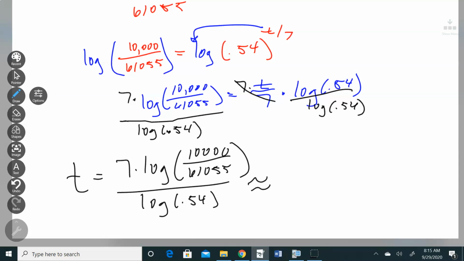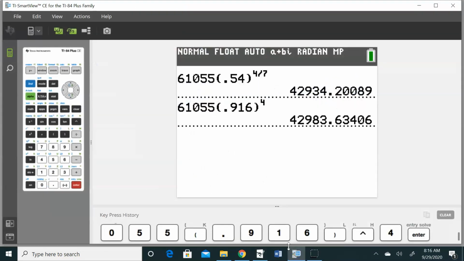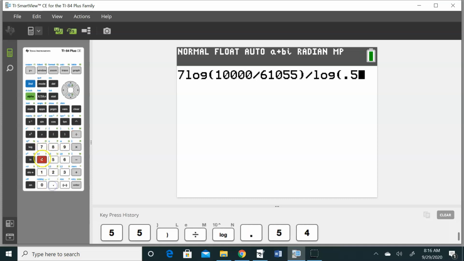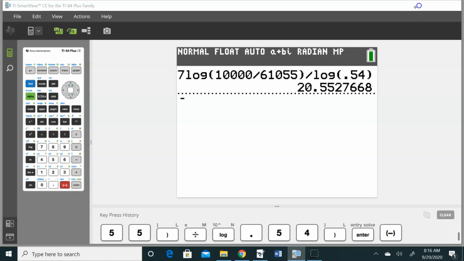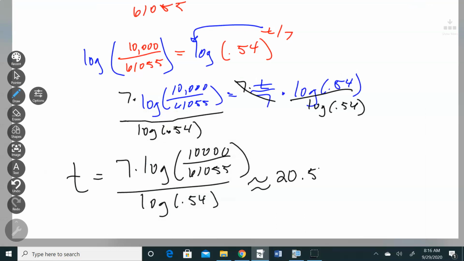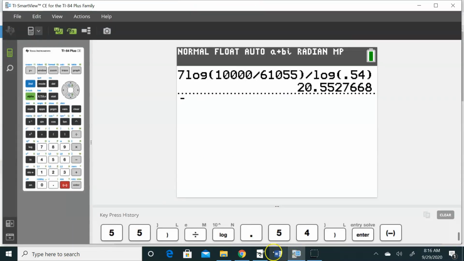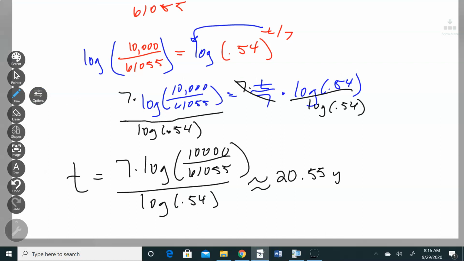I'm going to put this in the calculator and see what I get. 7 log of this ugly fraction divided by log of 0.54. 20.55, whoops. A little bit less than about 20 and a half years, the car will depreciate down to $10,000.